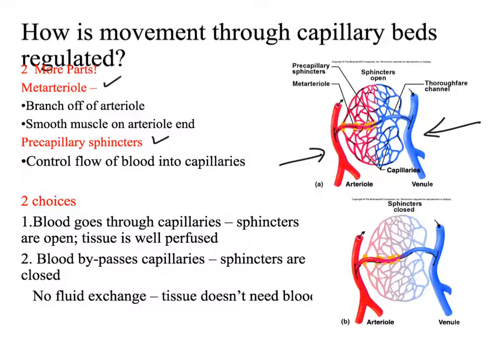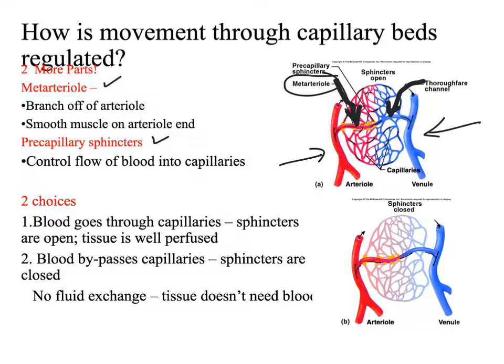Those are connected by the meta-arteriole, which extends off the arteriole. The name changes as it goes, and then they call it a thoroughfare channel as it gets closer to the venule.